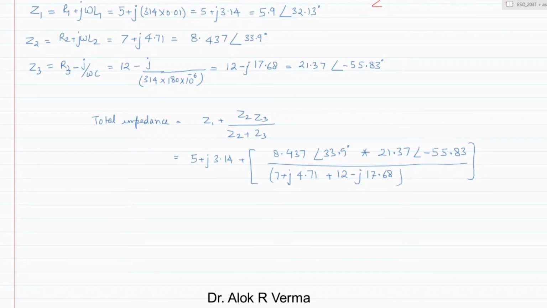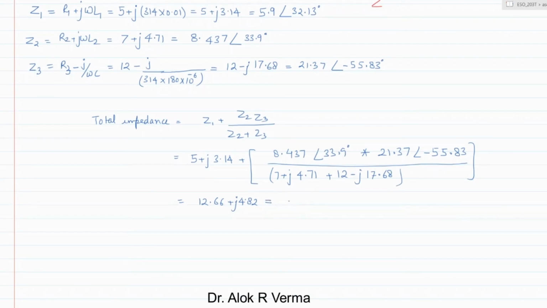Now if you solve this, the total value of Z will turn out to be 12.66 plus j of 4.82.